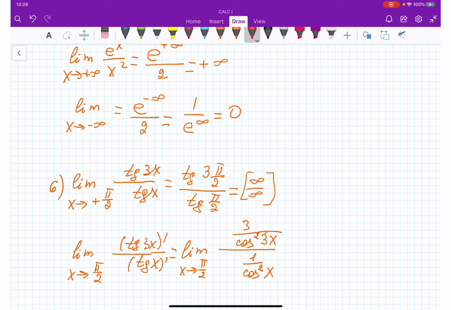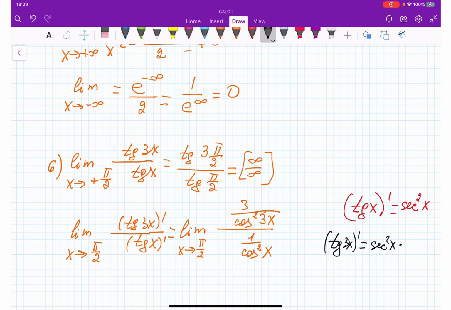We know that the derivative of tangent x is secant squared x, right? Okay, and secant is 1 over cosine, correct? So for tangent 3x, let's do drafting. It's going to be secant squared 3x times the derivative of 3x.